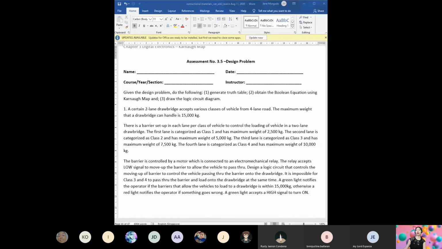Ang CHED, nagkaroon ng directives na kailangan tapusin yung school year 2019 to 2020. Sa ibang university kasi, semestral sila, so naumpisahan na nila yung second sem pero hindi nila natapos. Tayo naman, noong nagkaroon ng COVID pandemic, patapos na tayo ng second term, pero hindi pa tayo nag-start ng third term.